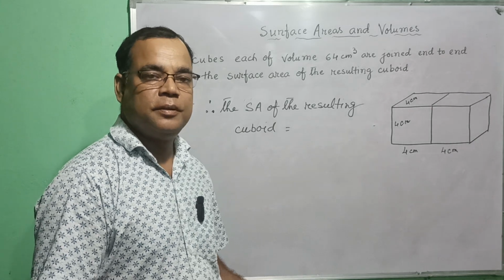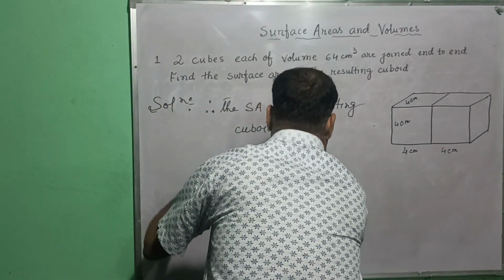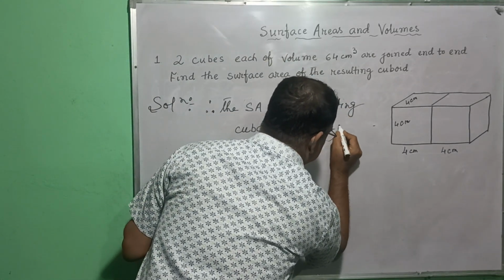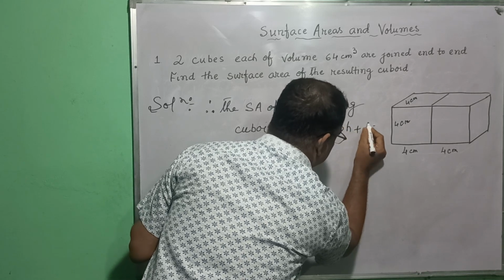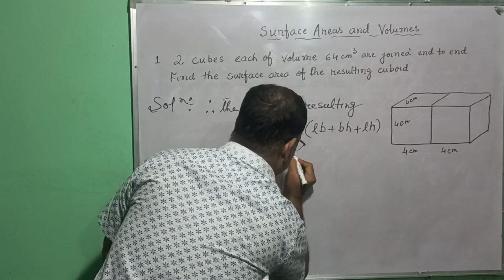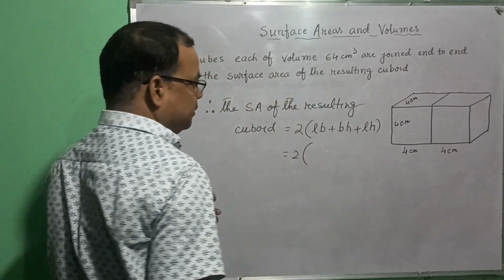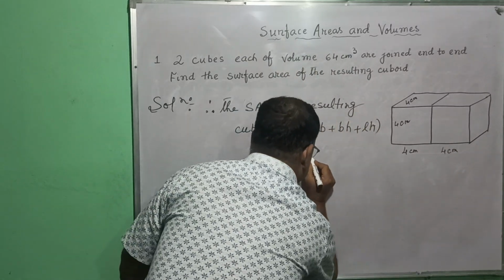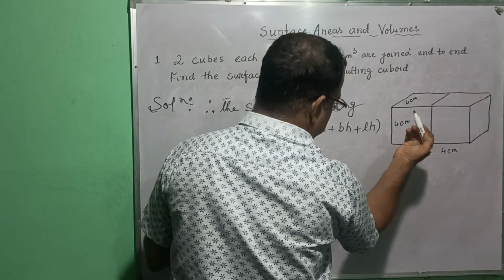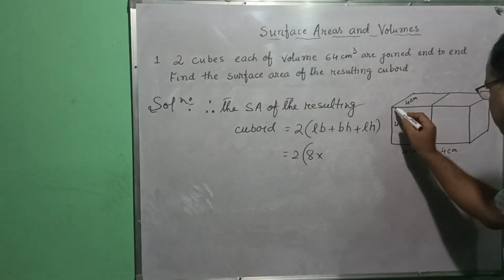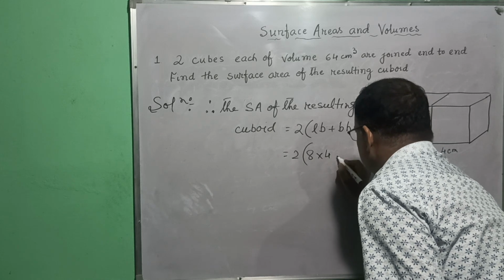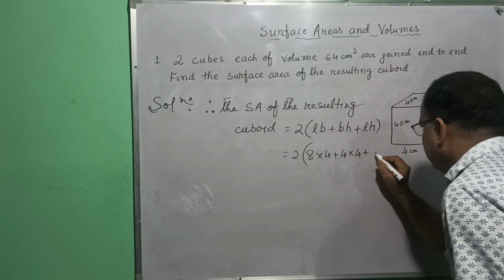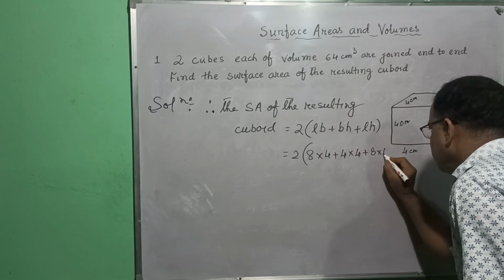So it is 2 into LB plus BH plus LH. Now we'll put the values. L is 4 plus 4, that is 8, into breadth, which is 4 centimeter, plus breadth 4 into h which is also 4, plus L 8 into h 4.